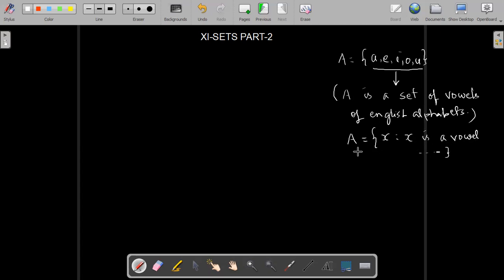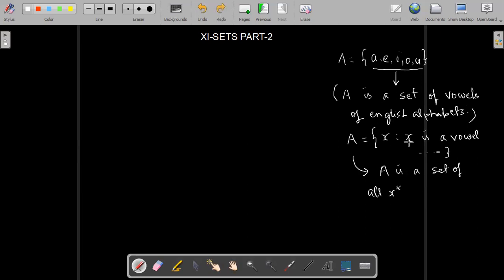So what I have written here, A is a set of all x, such that x is a vowel.